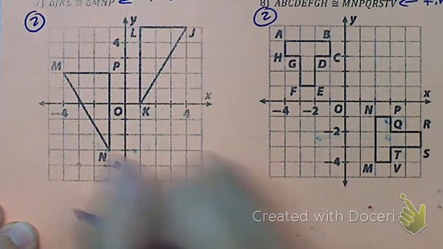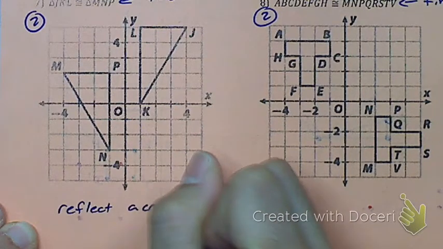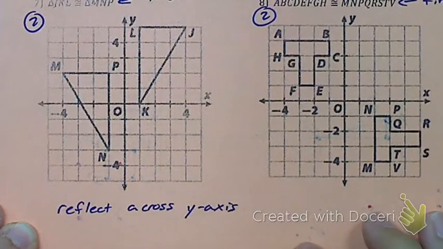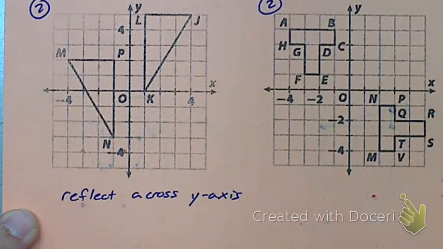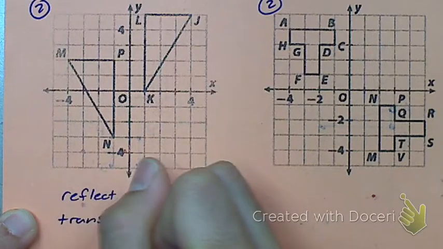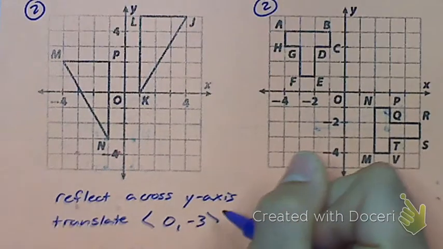From start to finish, reflect across y-axis. You must be that specific, not just reflection. And then translate. You can write it in any form you want, but it's down 3.